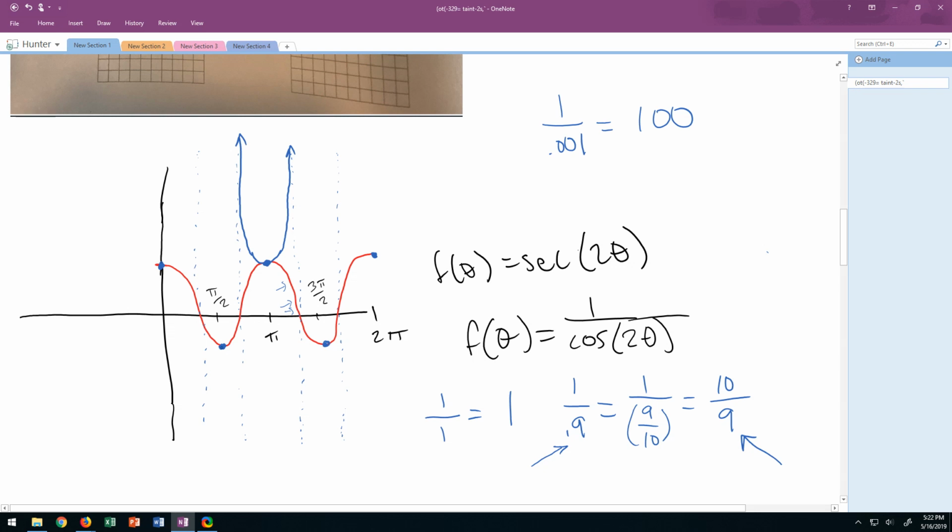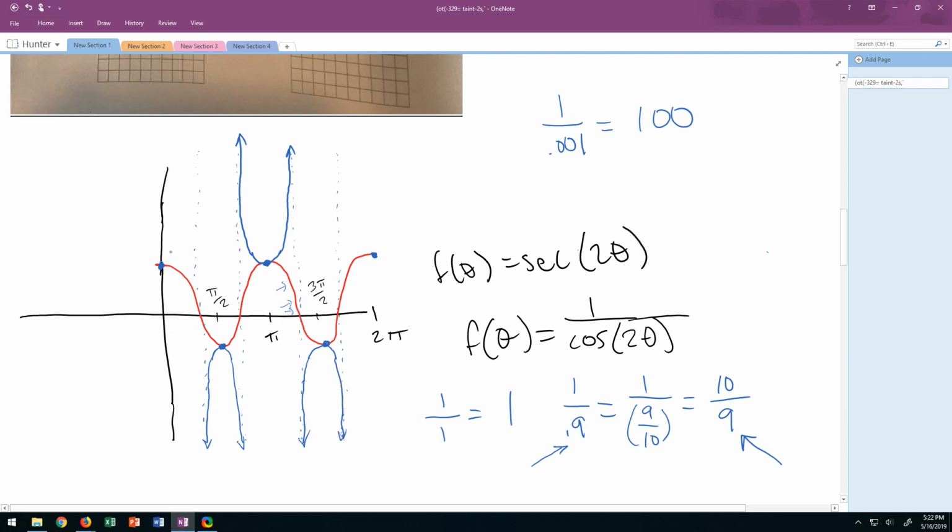1 divided by a number pretty close to 1 is still pretty close to 1. But divided by -1 is going to be negative, so these are going to point downwards. And 1 divided by a number that's really small but negative is going to be a huge negative number. So that's what the graph is going to look like down here.